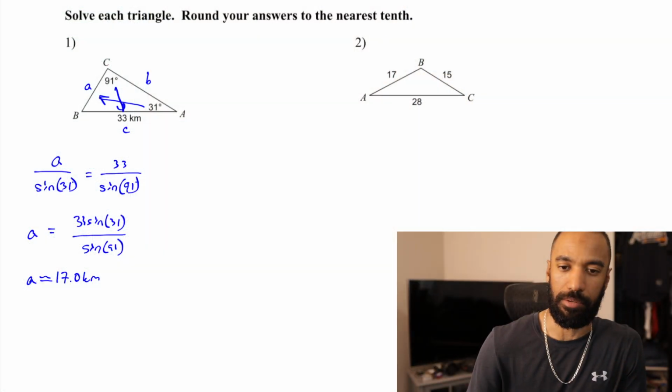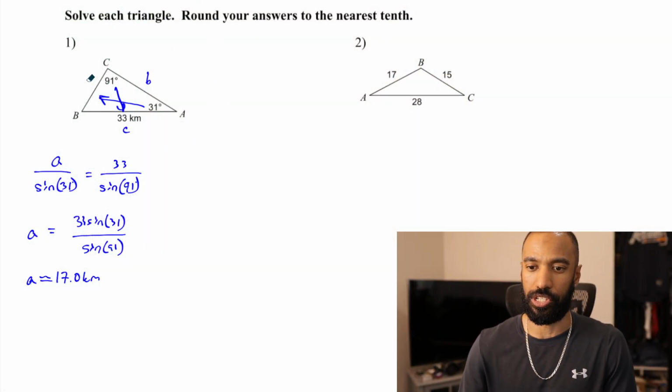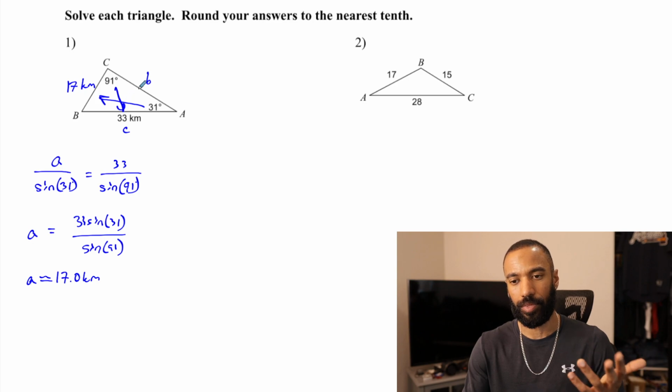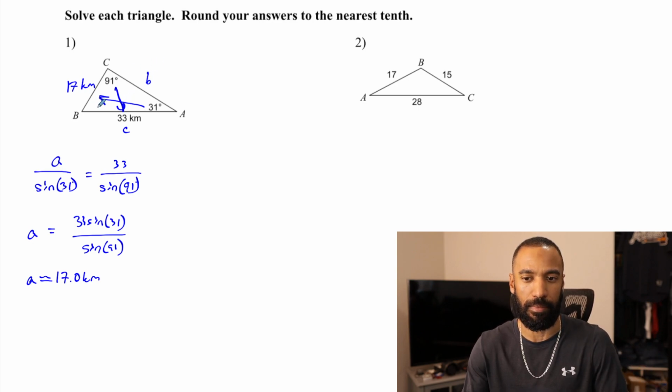And this value is for the side length A. This is 16.99, so 17.0 kilometers. Now, as always, I'll use that exact answer if need be for something, but I'll go and change that one to 17 kilometers there. To find B, though, the best approach really is to find the measure of angle B.